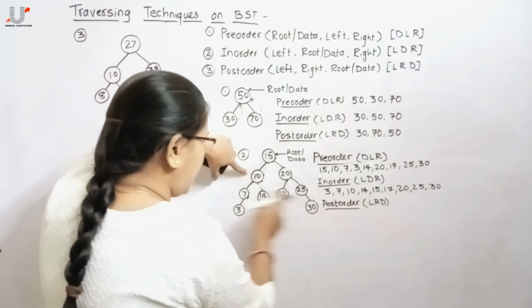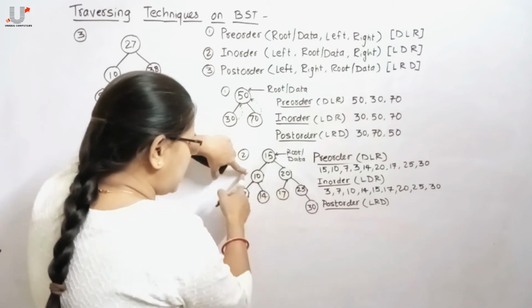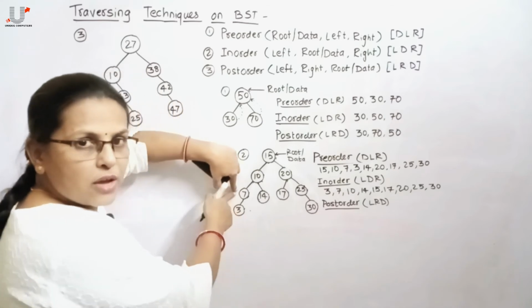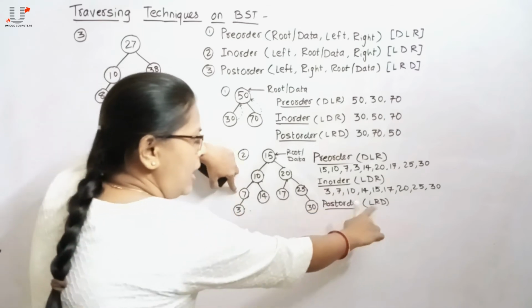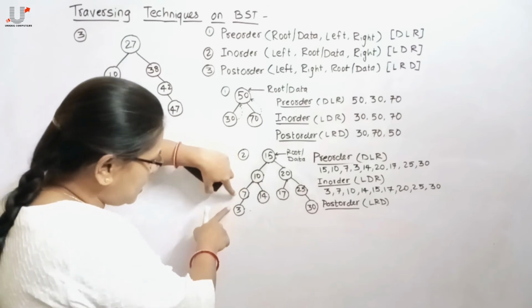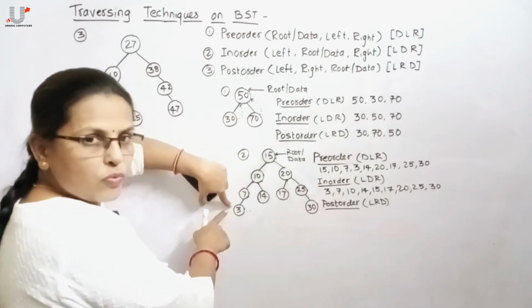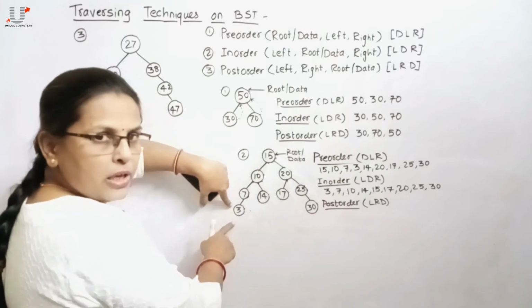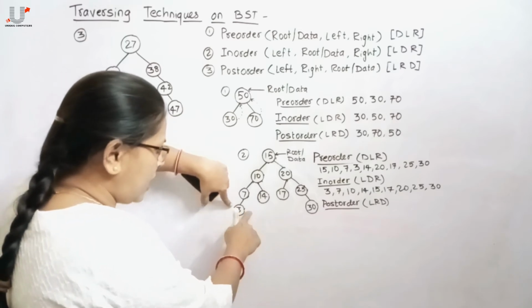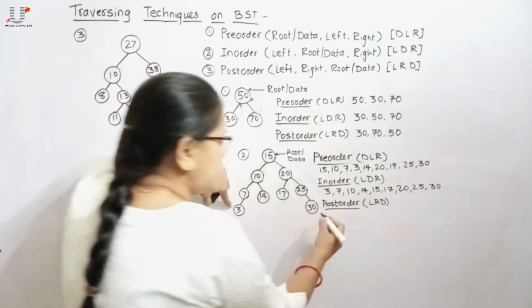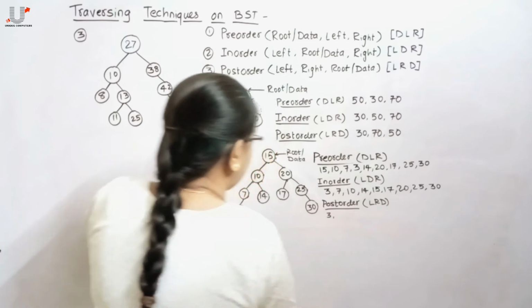Again apply LRD on that 10. As it has an unprocessed left subtree, the control will transfer to this 7. Again apply LRD for this 7. Still it has an unprocessed left subtree, so the control will transfer to 3. Again apply LRD on this 3. As no left and right subtree is present for 3, 3 itself gets displayed.